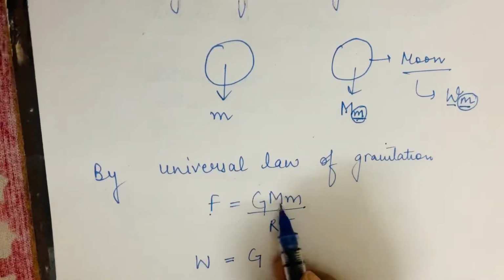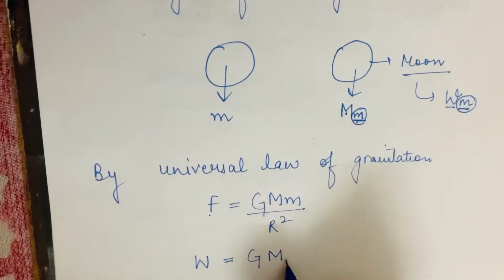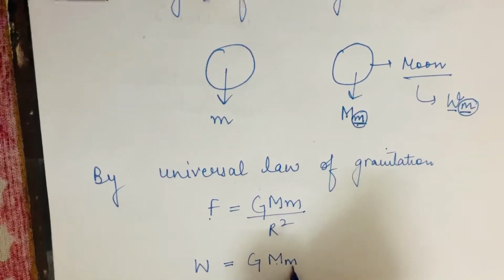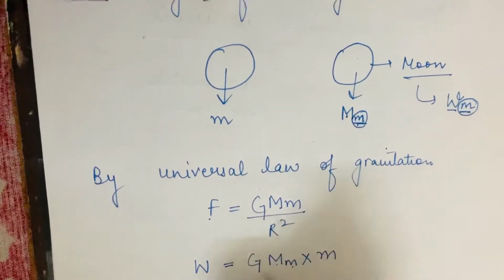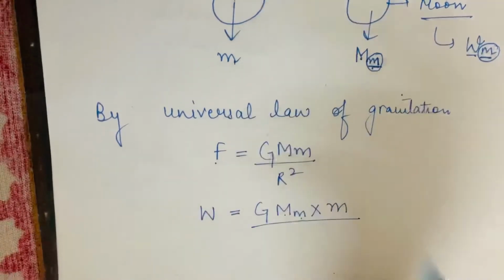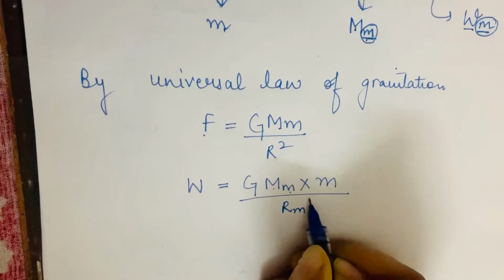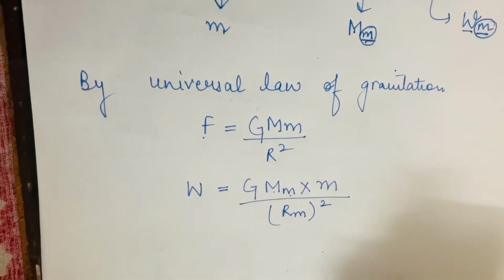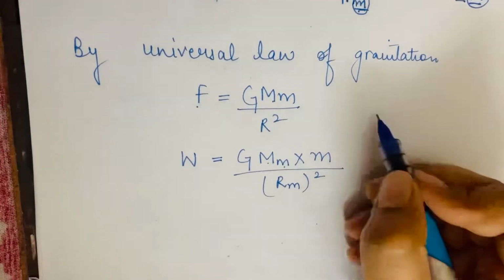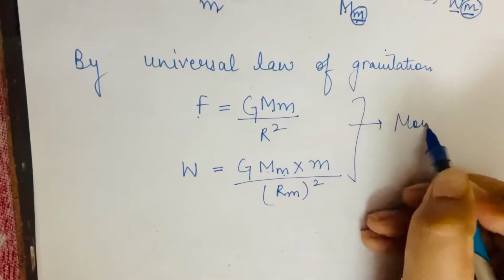Similarly, that M I have written here as Mm, which means mass of moon, into the mass of another object, that is m, and let the radius of moon I have written as rm whole square. This is for the case of moon.